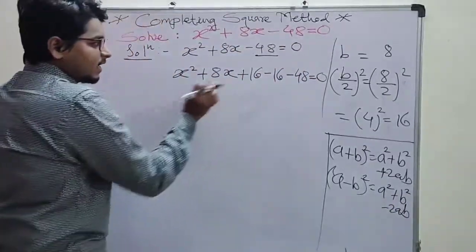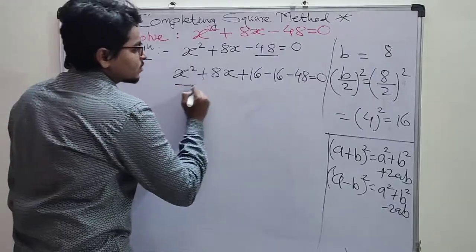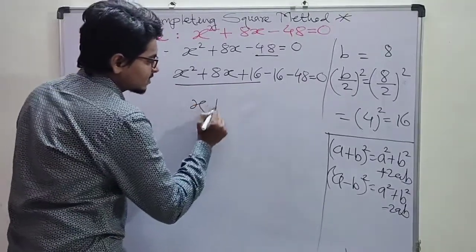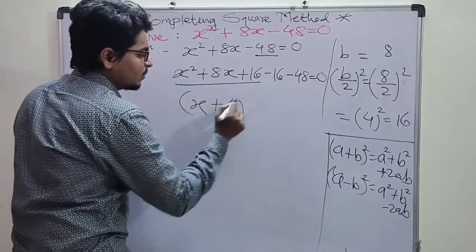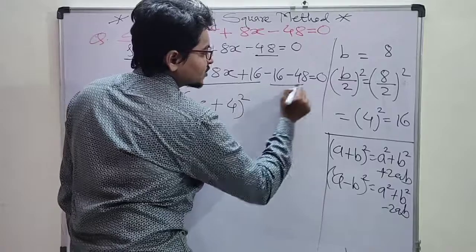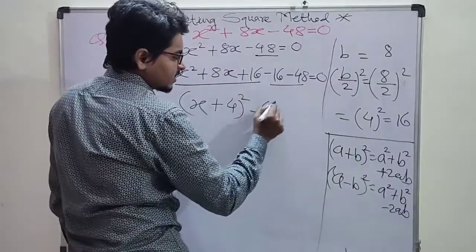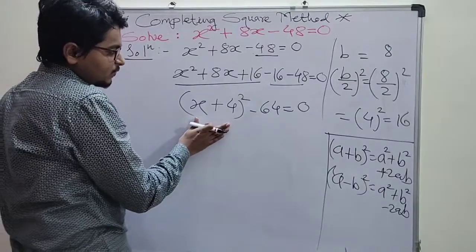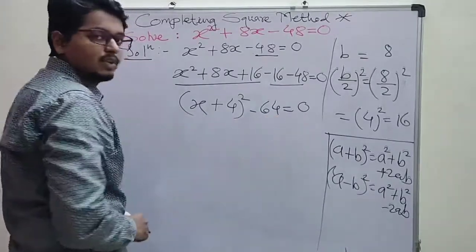Here x square plus 8x plus 16 gives us x plus 4 whole bracket square. And this minus 16 and minus 48 becomes minus 64 is equal to 0. So x plus 4 square minus 64 is equal to 0.